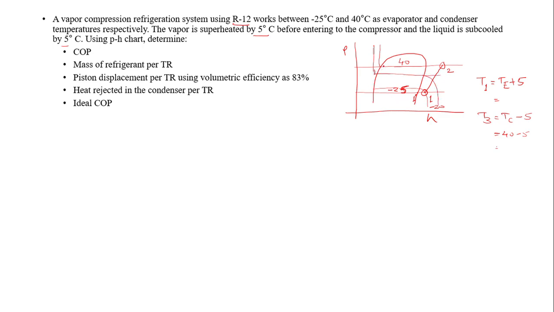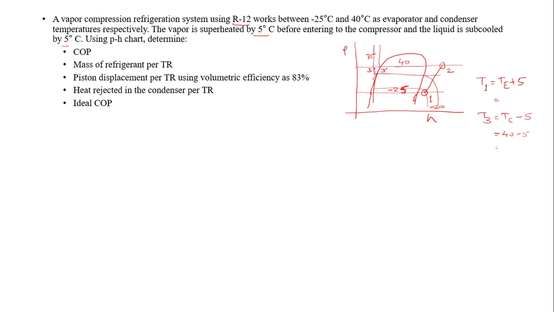I'll just draw like this. Up to 35 degrees Celsius, the subcooling, or the condensation, will be done. As you know, the subcooling from 3 dash to 3 and the superheating process, both are taking place at constant pressure only.